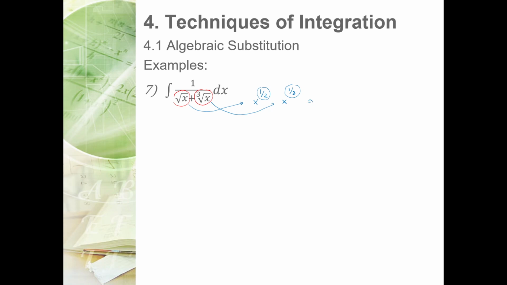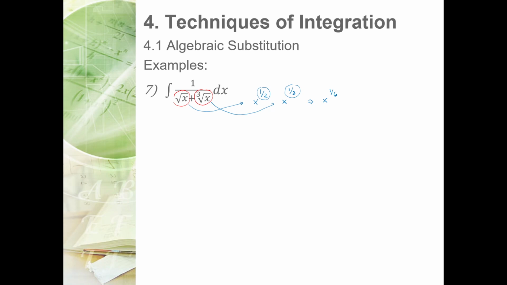So this gives us x to the power of 1/6. If you don't understand all of that, just multiply it here so you won't have difficulty understanding. So x to the power of 1/6.